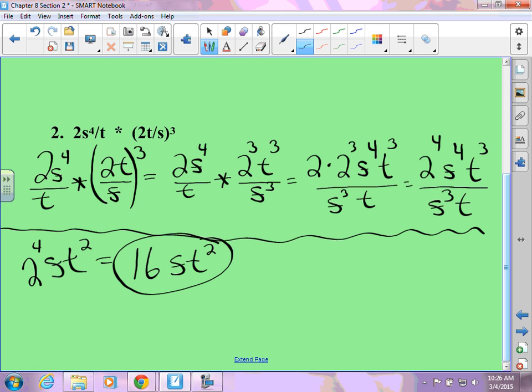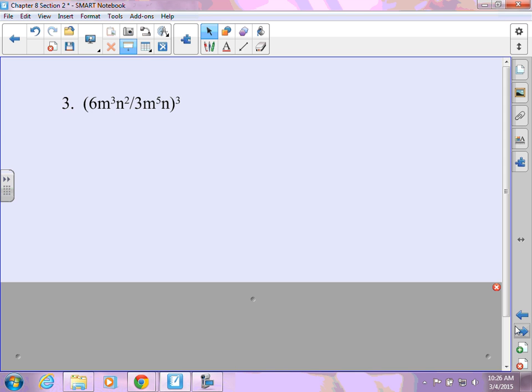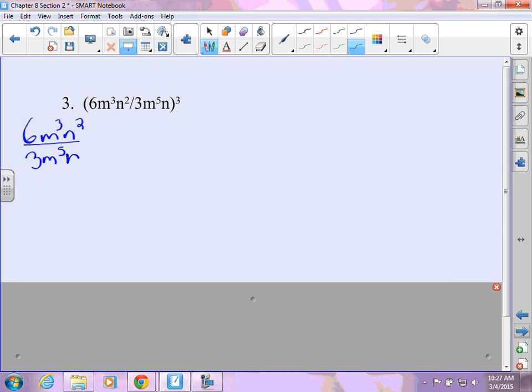Again, this looks super scary. It's not so bad. I got 6m cubed n squared over 3m to the 5th n, and then I've got my exponent. Okay. First step is to distribute.